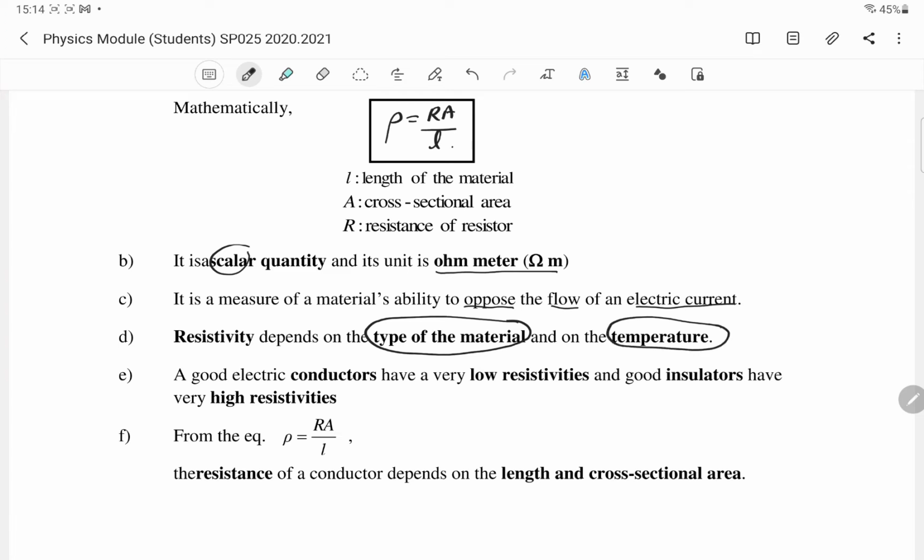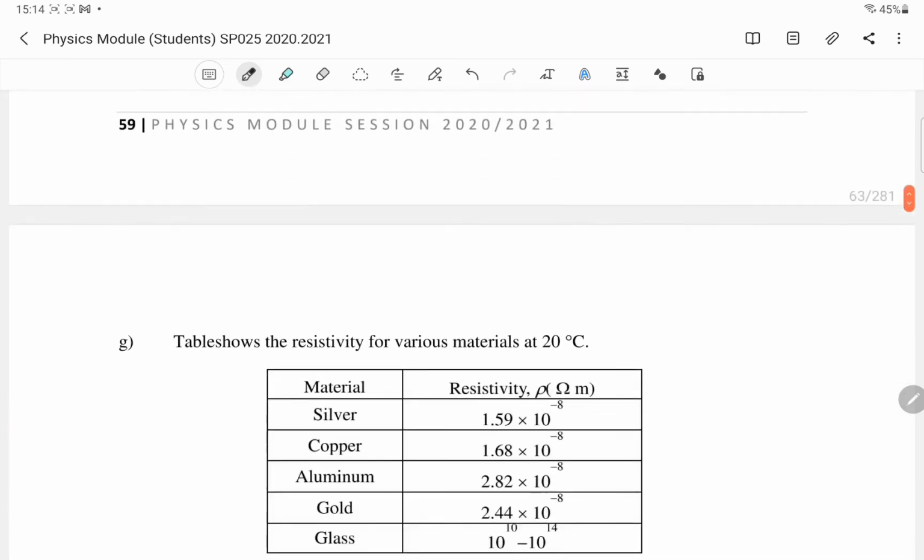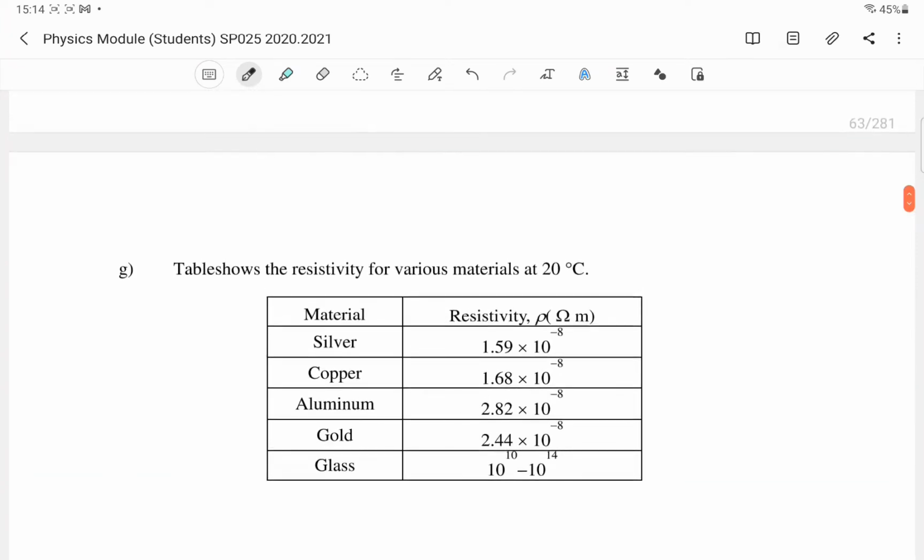Different materials have different resistivity. A good electric conductor has a very low resistivity, and a good insulator has high resistivity. Okay, we look at this table.